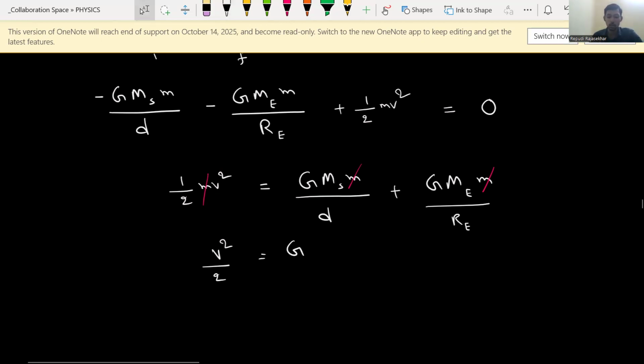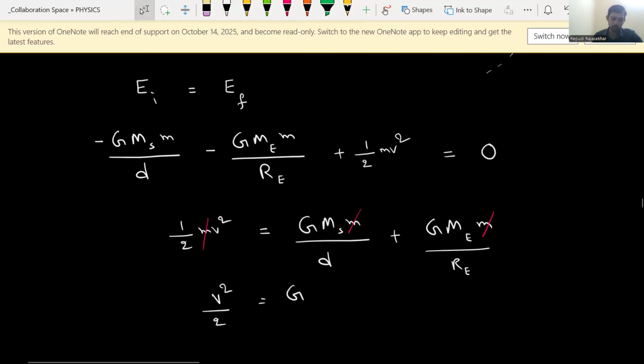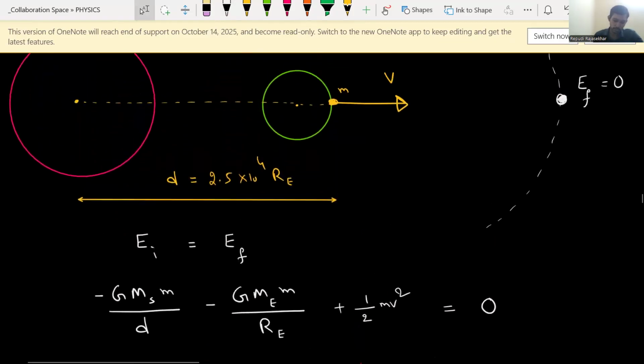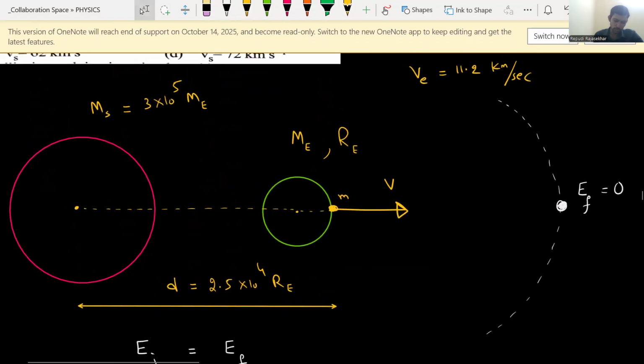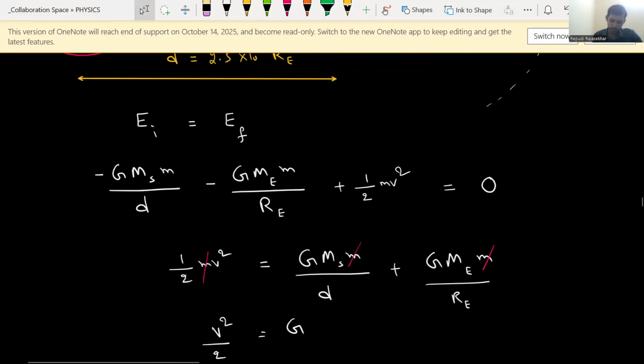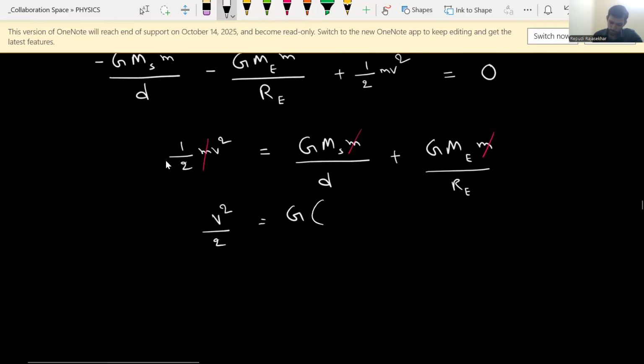Mass of the sun is how many times the mass of the earth? They have given it. See the data: mass of the sun equals 3 into 10 to the power of 5 times mass of the earth, divided by the distance.